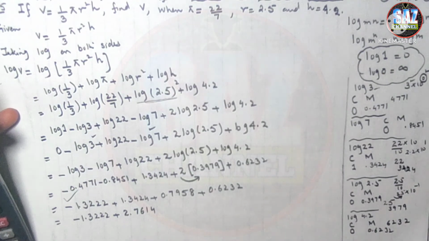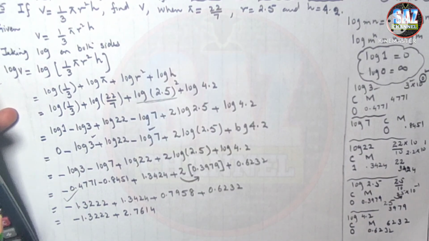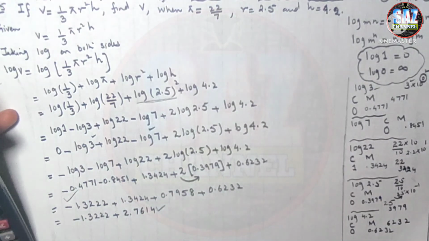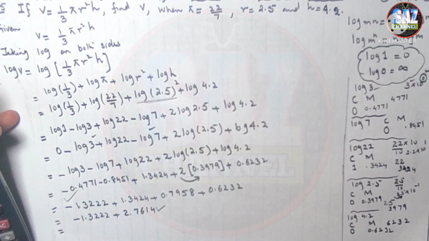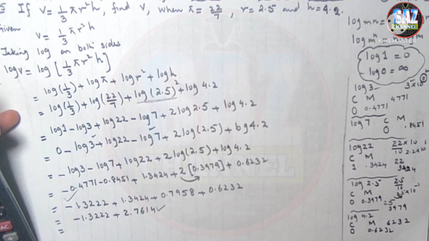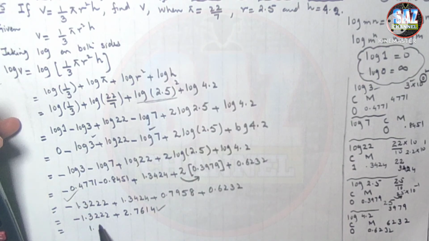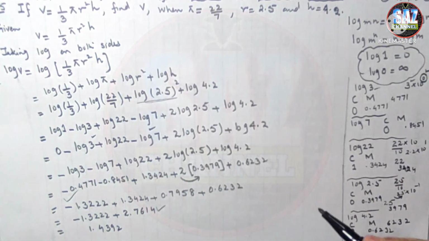Let me reconfirm this value, please. 1.3424 plus 0.7958 plus 0.6232 gives me 2.7614. And then what we can do is take away 1.3222. 2.7614 minus 1.3222 gives 1.4392.